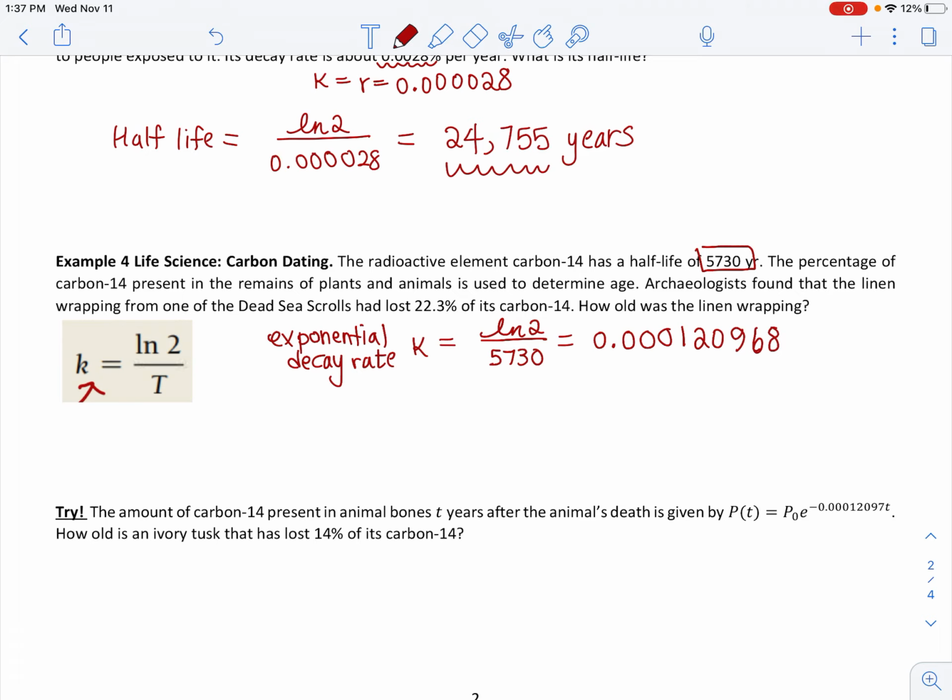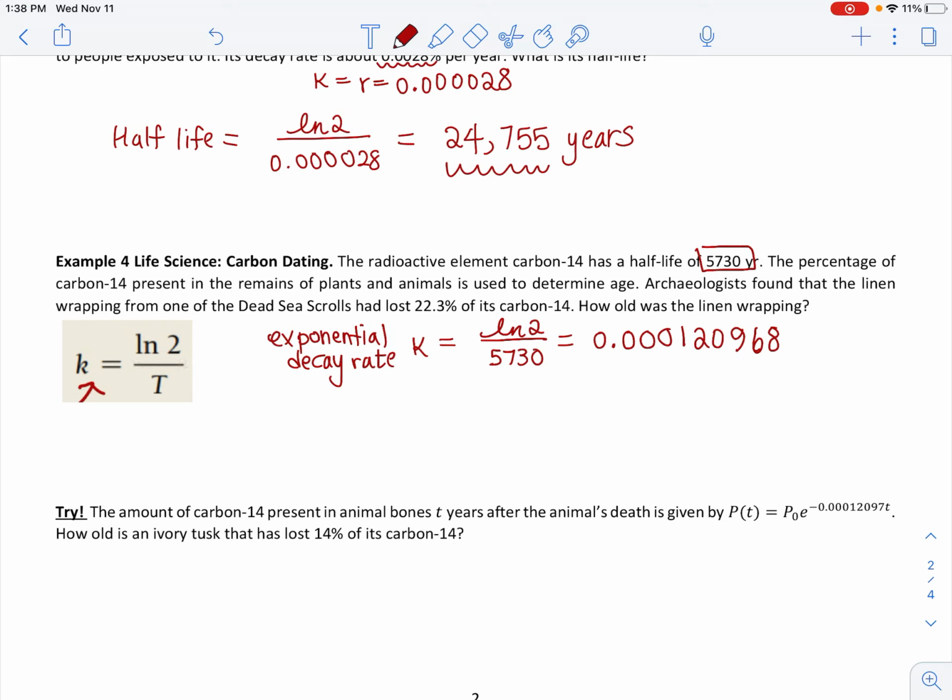I can multiply this by 100, but that's still a very tiny number. So this is the exponential decay rate. Because it was so small, I try to be as accurate as possible by writing down all the numbers that my calculator gave me. Just double checking, 120968. Yeah, that's what my calculator gave me. Alrighty, what are we doing? I forgot. How old was the linen wrapping?